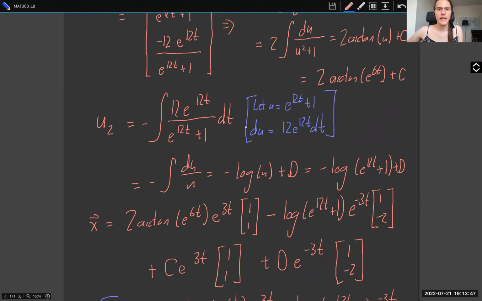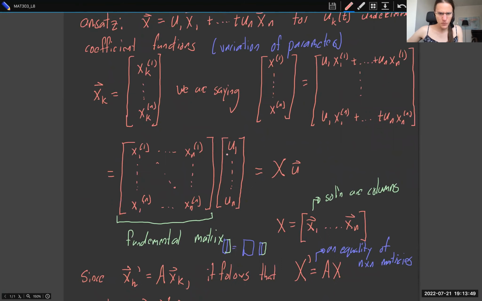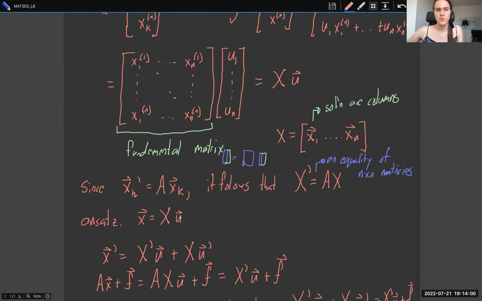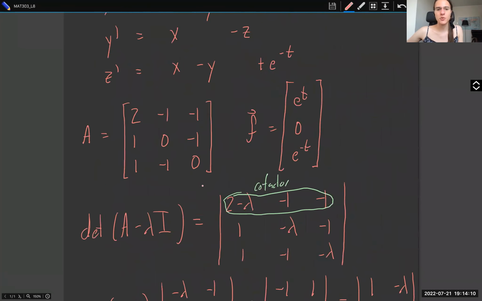But there was another way that we could write that ansatz, which is that x is equal to capital X times u, right? That's another way to write that ansatz. It's the same thing as writing u1 times x1 plus u2 times x2. So let's actually use that version of it.